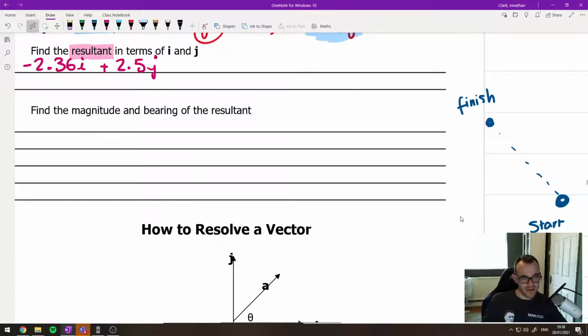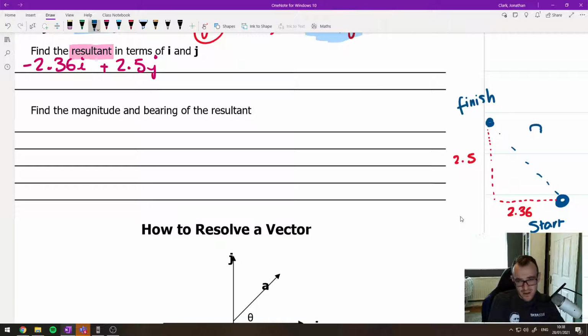So we actually went 2.36 kilometers across to the left, and we went 2.5 up. So that's in terms of displacement. Obviously, the actual journey, we went 5 kilometers and then 6 kilometers. We traveled a lot further than that in total. We traveled 11 kilometers. But just in terms of displacement, that is how far we are away from our starting point.